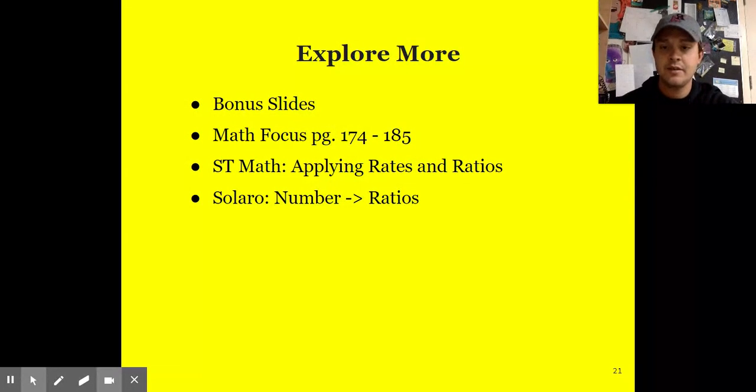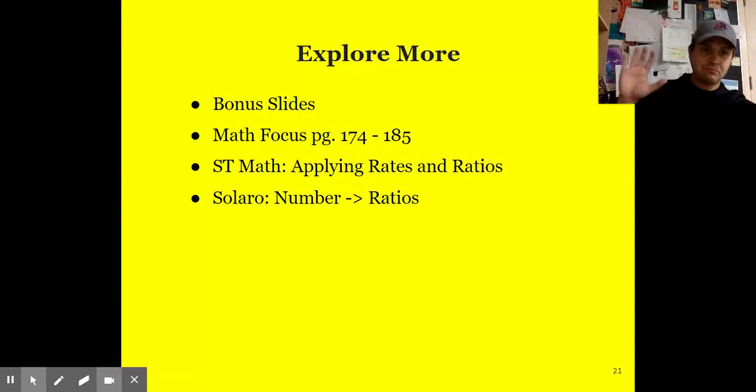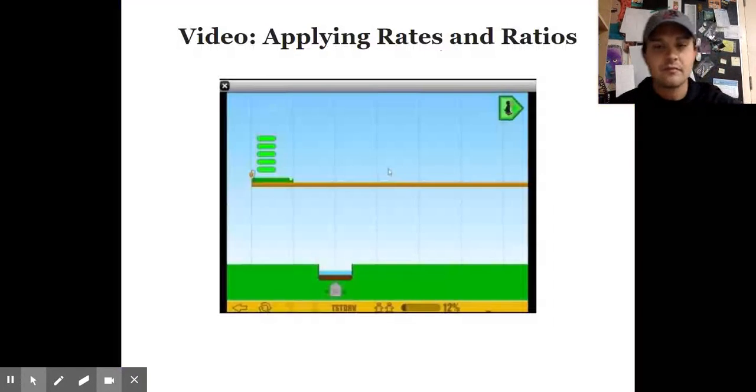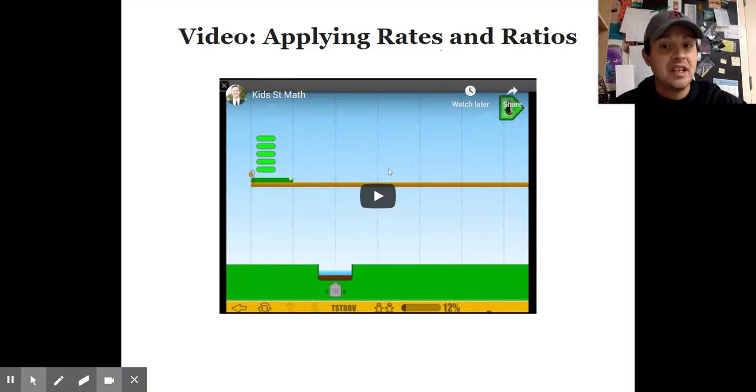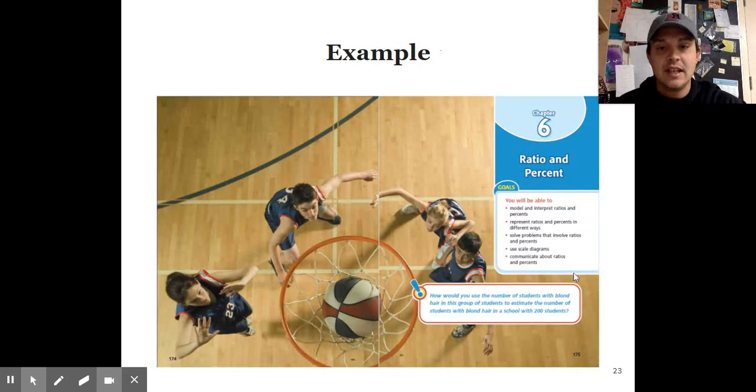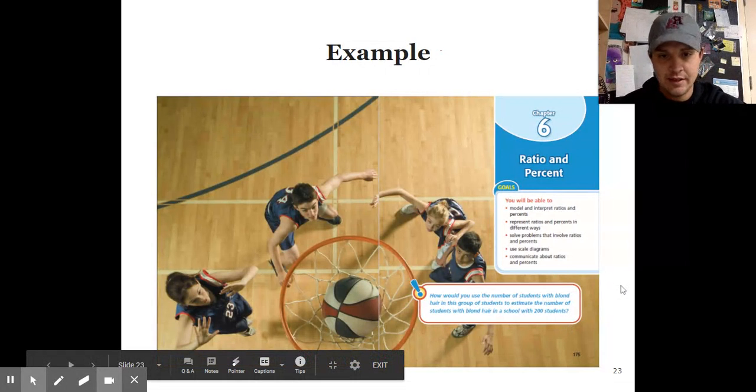I'm going to continue recording and just look at a couple of the bonus slides because I want to explain them, but just use that later. This video is kind of a funny one from ST Math. Check that one out. There's another example that we can think about with basketball players and hair colors and extrapolating for the whole school.